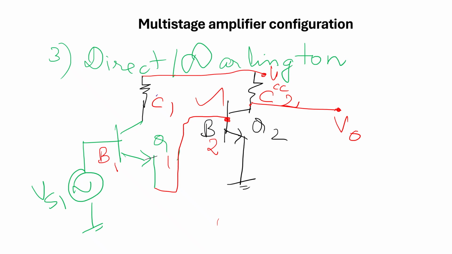The most commonly used ways of connections are cascade connection and cascode connection. In cascade connection, the voltage gain increases with a reduction in bandwidth. In cascode connection, the transistors are connected in parallel.